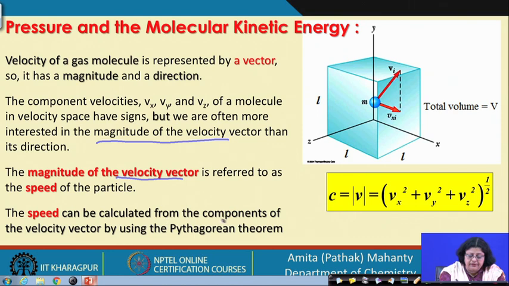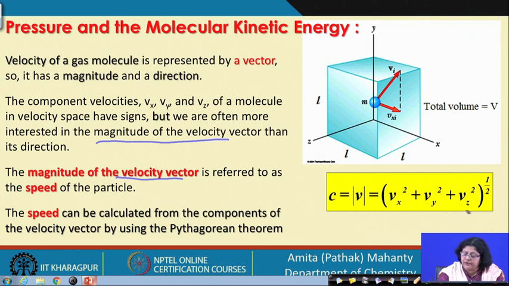The speed can be calculated from the Pythagoras theorem, because you have the x, y and z components of the velocity. Considering only the magnitude, we can calculate the speed c as the square root of the square of the velocity in the x component, plus the square of the velocity in the y component, plus the square of the velocity in the z component.